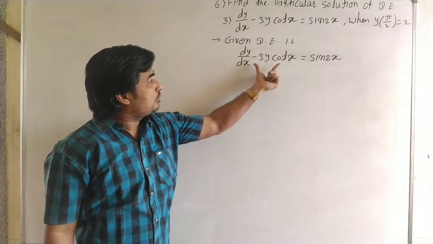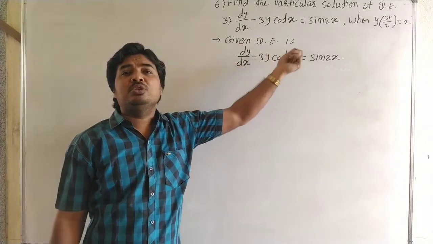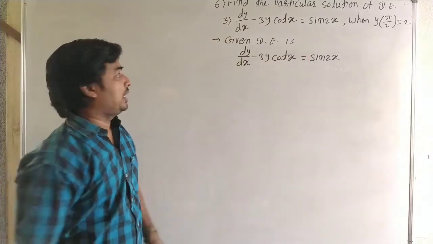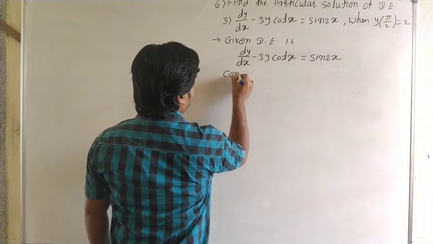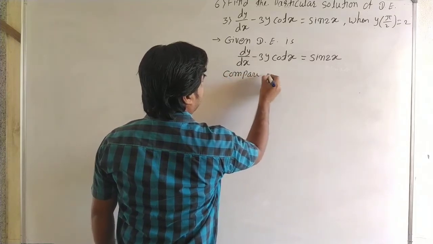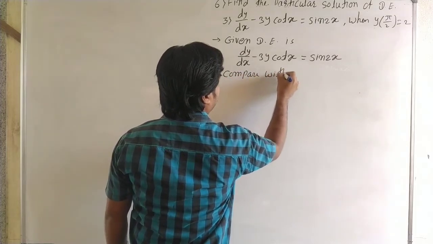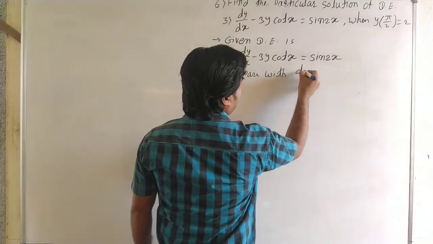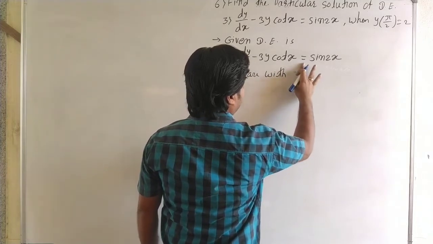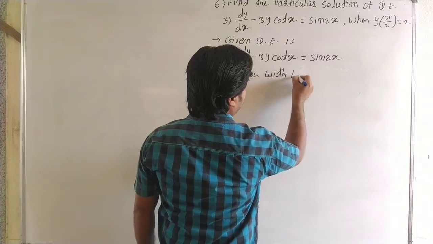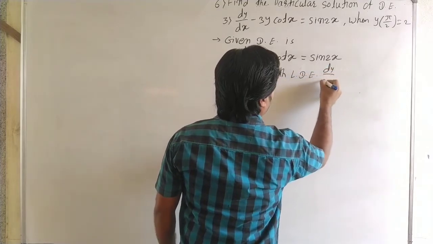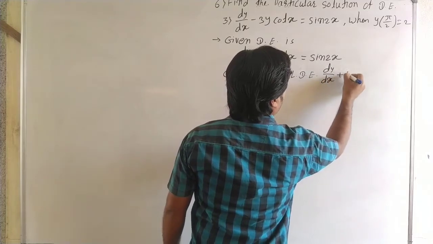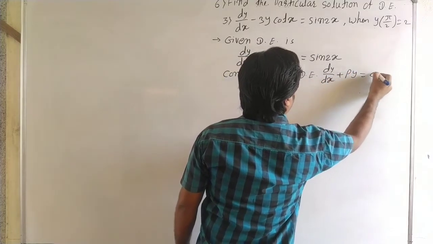Here dy by dx plus py is equal to q, linear differential equation in y. Compare with the linear differential equation dy by dx plus py is equal to q.